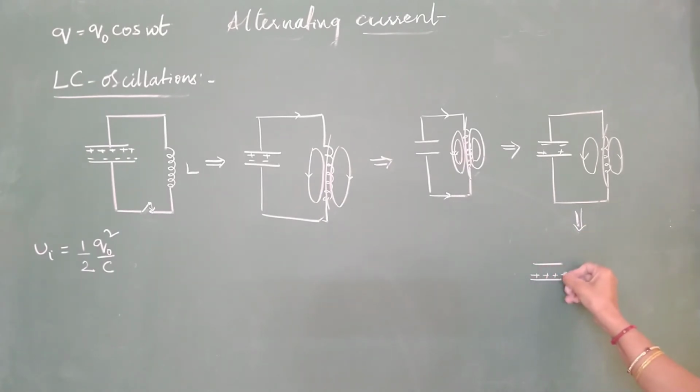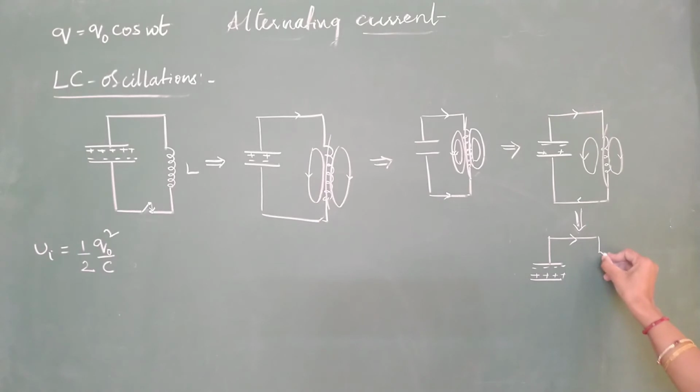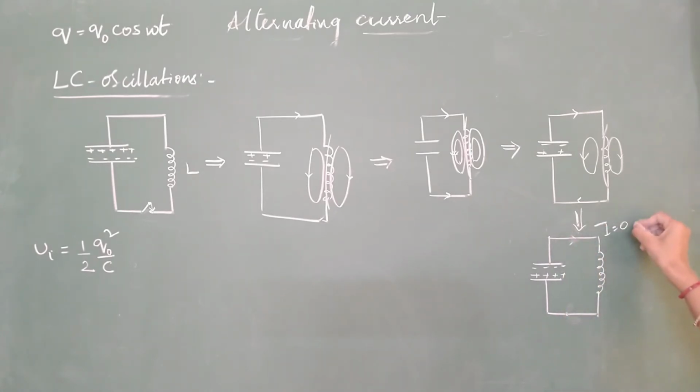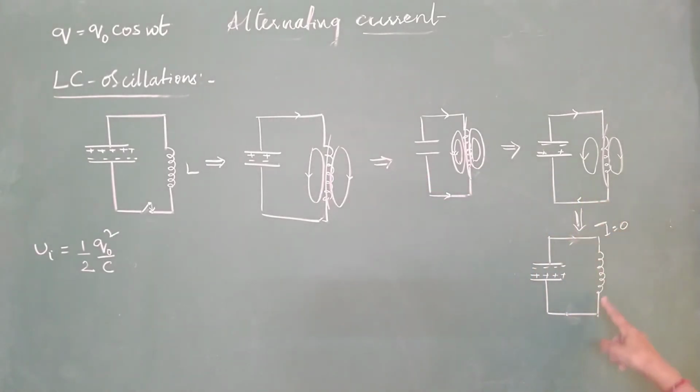Inductor is completely charging the capacitor. Throughout, current was in only one direction but changing its magnitude. So the energy stored by inductor has become 0. So when energy stored by inductor becomes 0, current also reduces to 0. As long as there is current in the circuit, inductor will store some energy. Now inductor has completely lost its energy and capacitor has got back its energy.